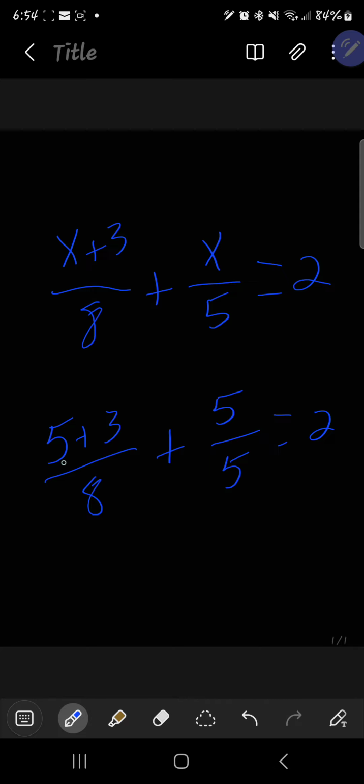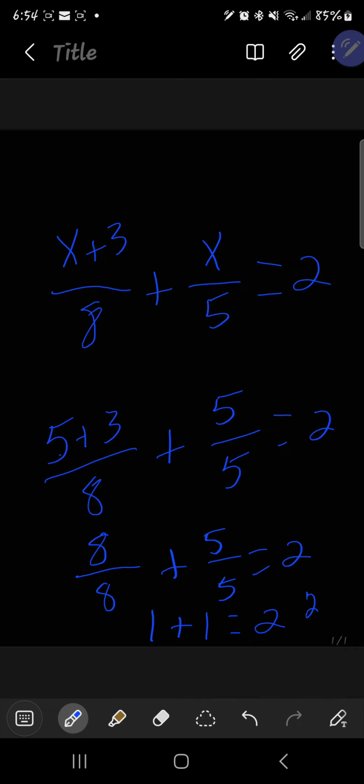Just combine your like terms. 5 plus 3 is 8, so 8 over 8 plus 5 over 5 equals 2. 8 divided by 8 is 1, 5 divided by 5 is 1, and 1 plus 1 is 2. So 2 equals 2.